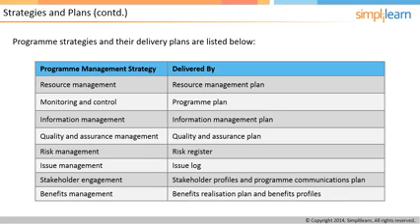This strategy covers the different resources required by the program, including people, finances, facilities, etc. Resource Management Plan will include details like who is the contact person to raise requests for resources, which project gets priority, etc.